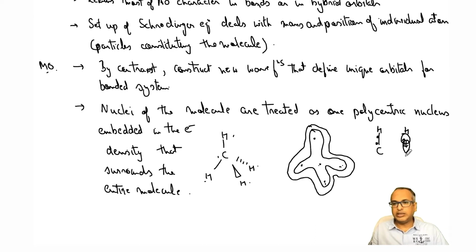So this is 1s, and this is sp3, and there is an overlap between the proton and carbon orbital, and one electron pair resides in this overlap bonding orbital, right? So this picture is totally different from what MO theory explains. MO theory says that there is a molecular orbital which covers the entire thing, and all the electron density is present surrounding this entire molecule, right?